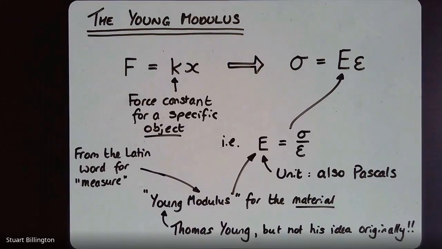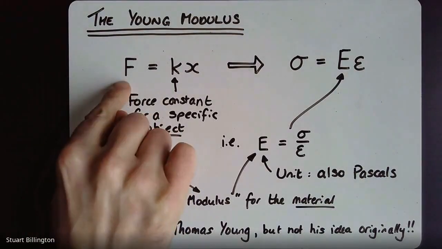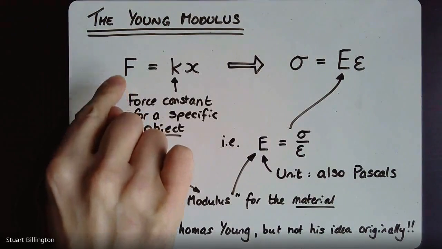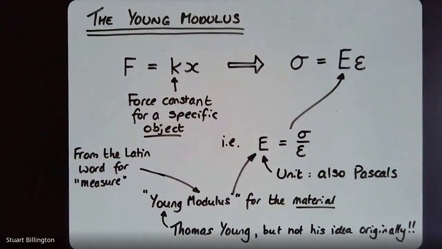It's just that the constant clearly isn't going to be the same, because F has been divided by an A, and X has been divided by a length. So when we factor those things in, our force constant K morphs itself into a new constant, which is always given the capital letter E. It's called Young's modulus, or the Young modulus, but I don't want you to think that young as in not very old.